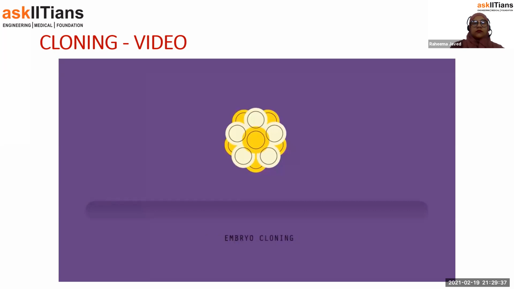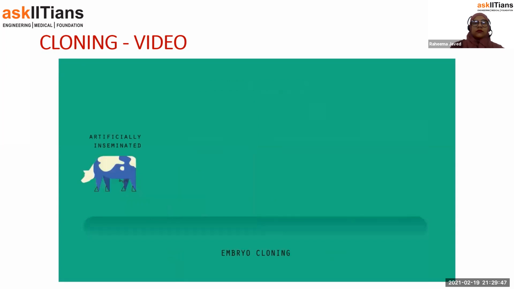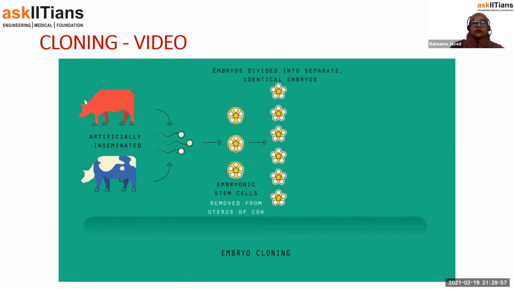The first is called embryo cloning. A farmer might have a cow that gives a lot of milk and wants to use her to create many calves. The cow is artificially inseminated using the sperm of a bull. The embryos grow until they form a ball of embryonic stem cells. Before they become specialized, the embryos are removed from the uterus, divided up into separate embryos, which will all have the same DNA, and then each is placed into the womb of a different cow.